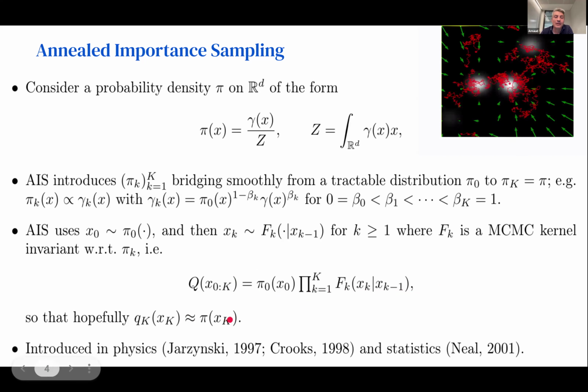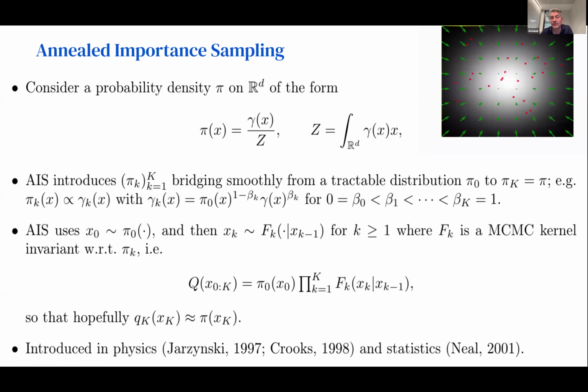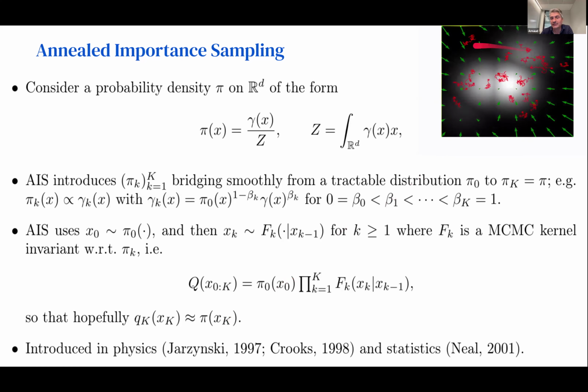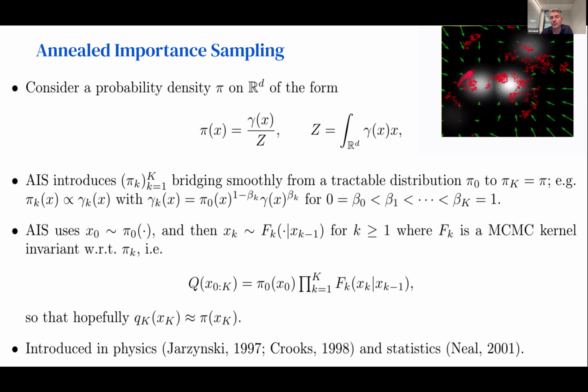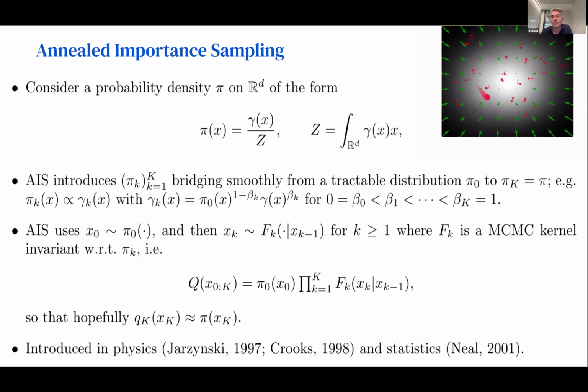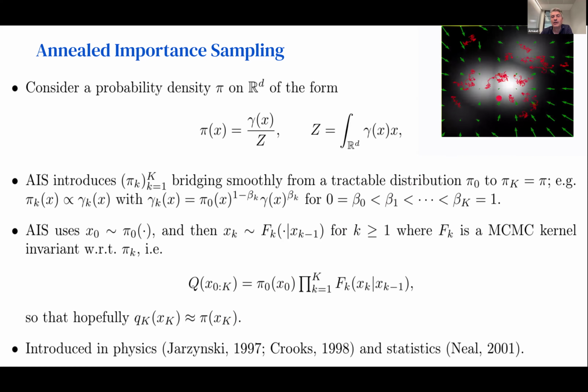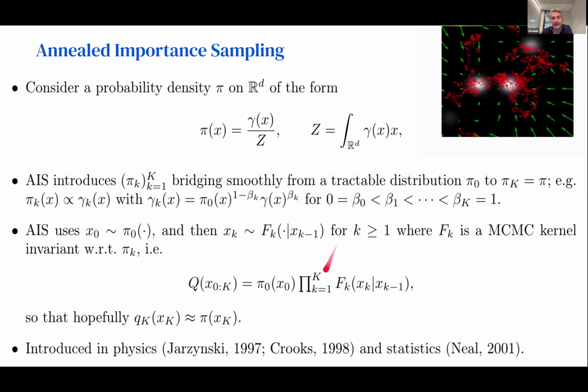So we have a sample at time k which should be roughly distributed according to pi. Here is a simple illustration on a complicated multimodal target. We start from a Gaussian and move with a non-homogeneous Langevin dynamic across time, and the final samples are roughly distributed according to the target. Okay, so that's nice.